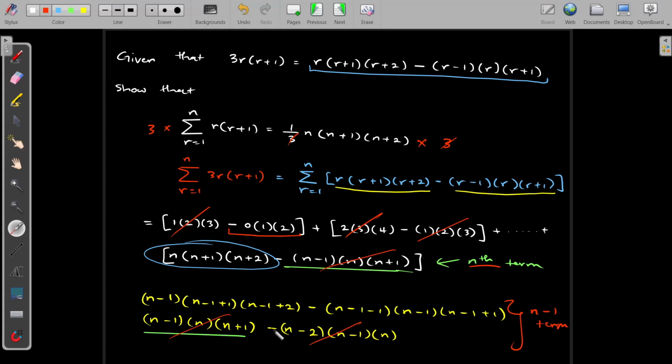So we look at the previous bracket and realize that we have a positive n minus 1 and n plus 1. In the last bracket, we have a negative n minus 1 and n plus 1. So this will cancel with this one. And then this would have been cancelling with the previous bracket. So from the last bracket, this is what remains.